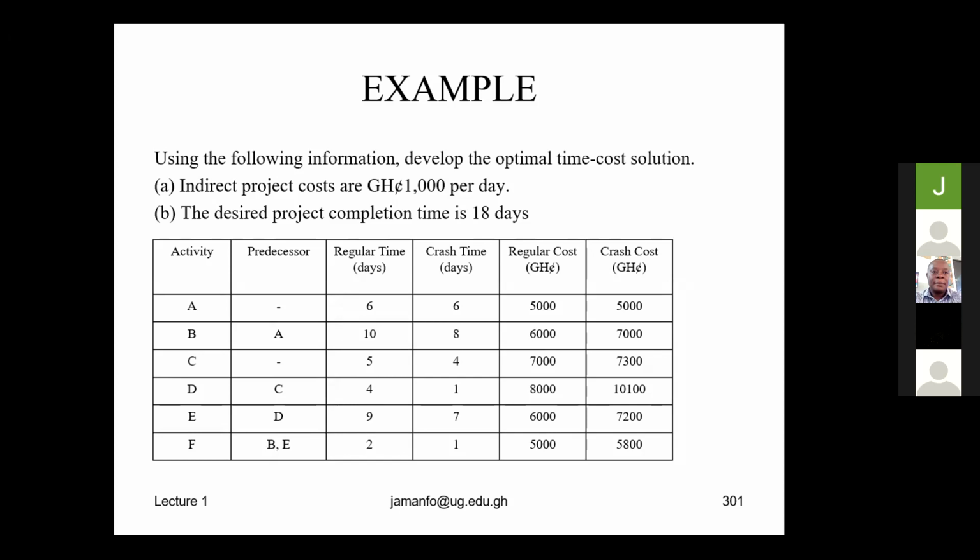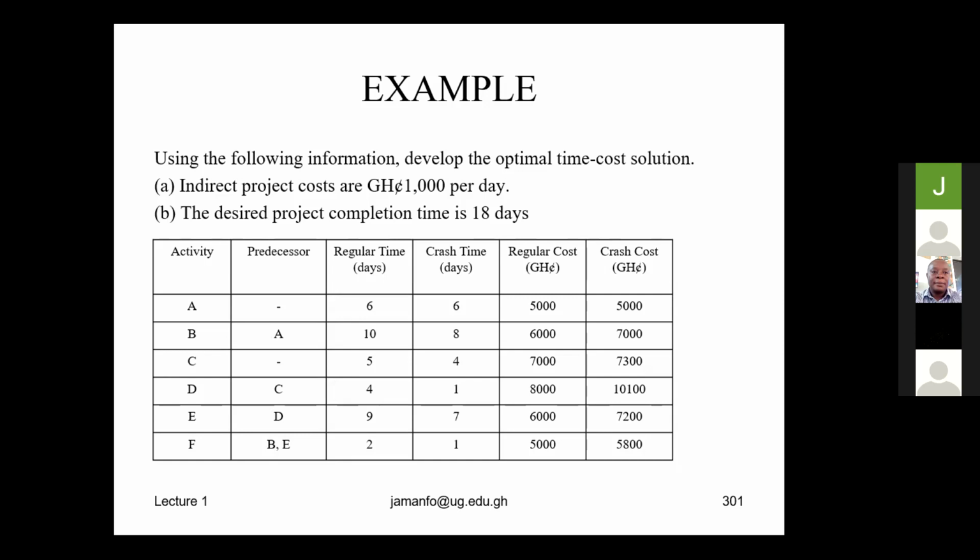Maybe the contractors are saying that per the nature of these buildings, they need a minimum of 1 year, and the students are coming in about eight to 9 months. So the government can ask that these contractors do crashing to shorten the project completion time. I'm just giving you a demonstration of how this concept can be applied in reality.